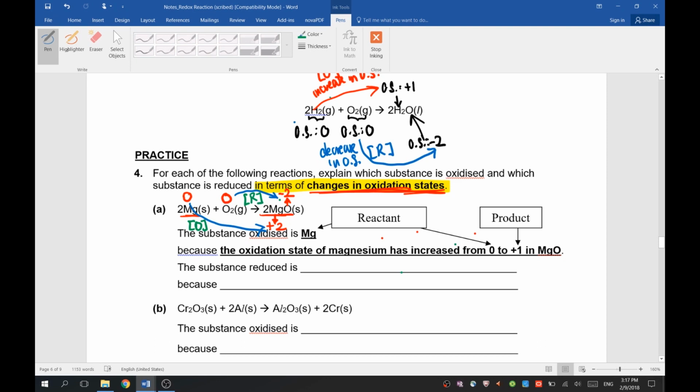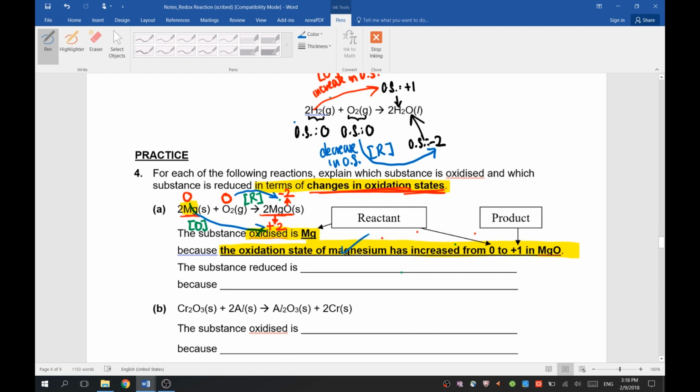So how do you explain? Very similar to what we explained previously, the substance that is oxidized is Mg, the reactant, because the oxidation state of magnesium has increased from 0 to +2 in MgO. A few things I want to add in. The format should still be the same. We need to talk about before, after, and what happened. What happens is the oxidation state increases from whatever number to whatever number.